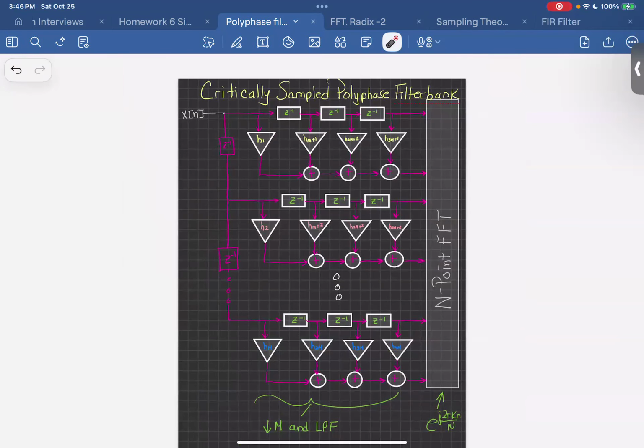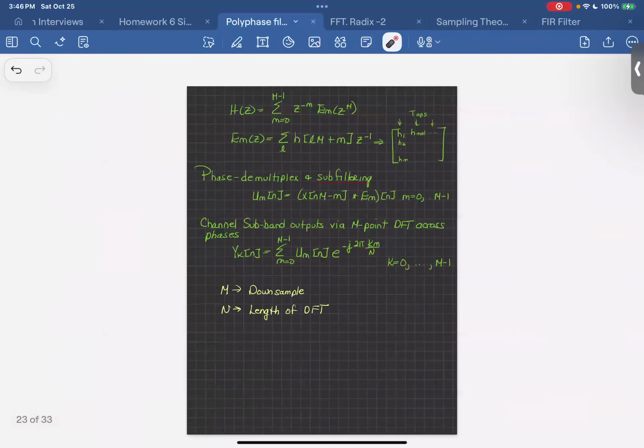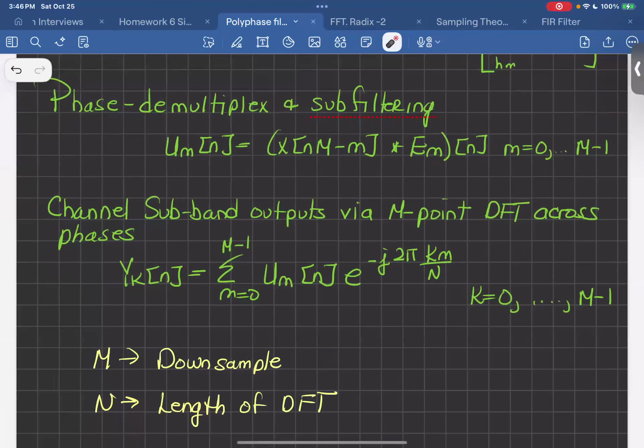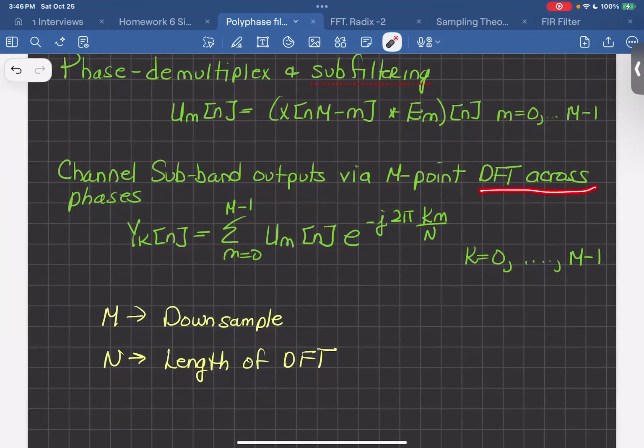You may need to pause and repeat what I just said, and also read Fred Harris. All right. So your incoming signal is downsampled as well. And it's multiplied by E of M. And then at the very end, your DFT, your channel subband outputs, are fed into an endpoint DFT.